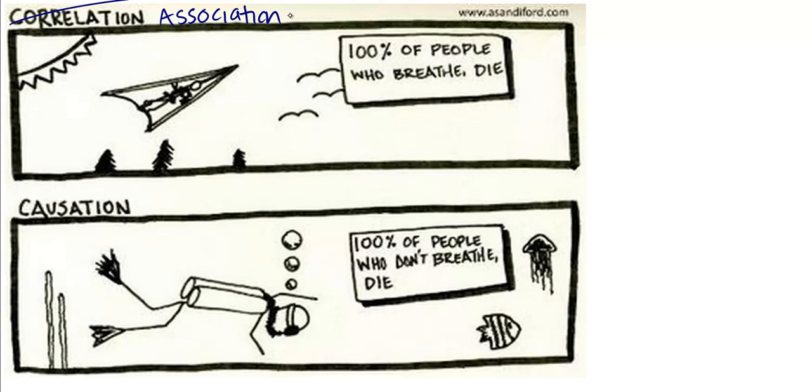The reason why is association, obviously all people die and all people breathe, so the two things are related. However, breathing does not cause you to die. Causation, though, 100% of people who don't breathe die, because if you don't breathe, you will die. So just remember there's a difference between association and causation.